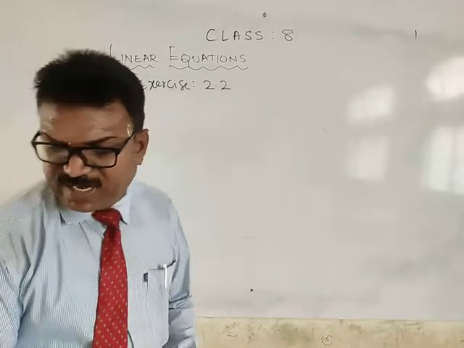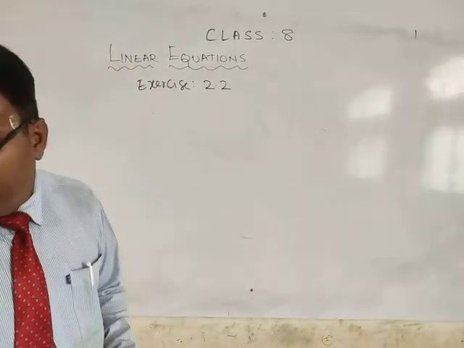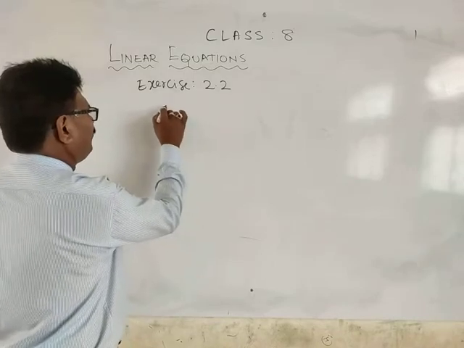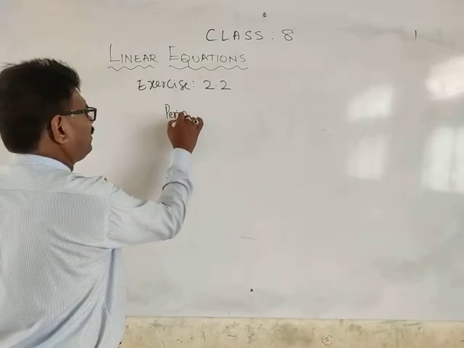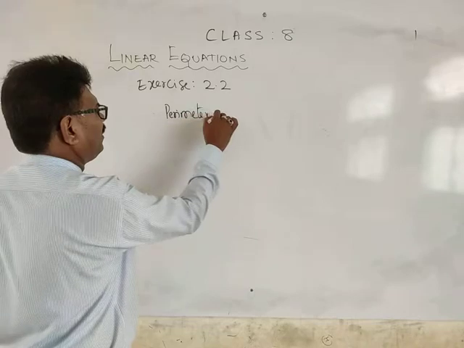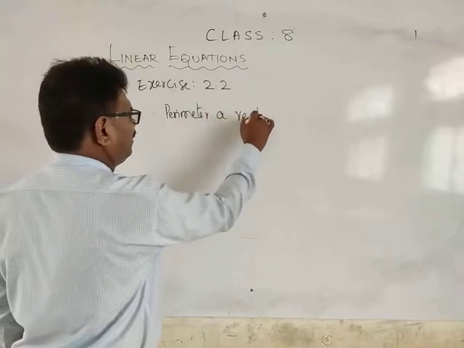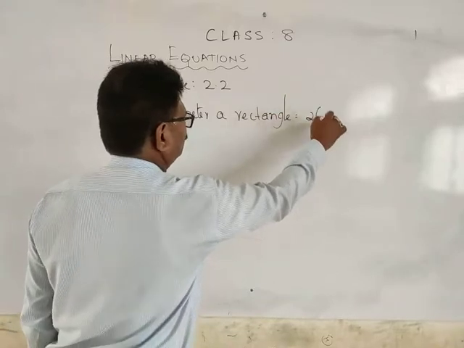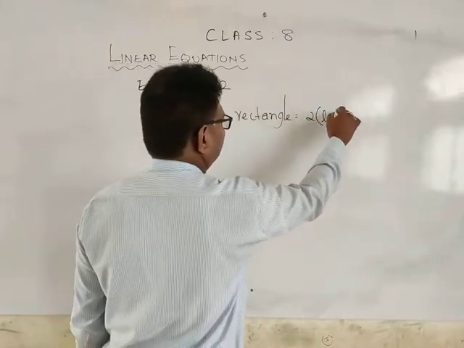The perimeter of a rectangular swimming pool is 154 meters. Perimeter of a rectangle is equals to 2 into (L plus B).